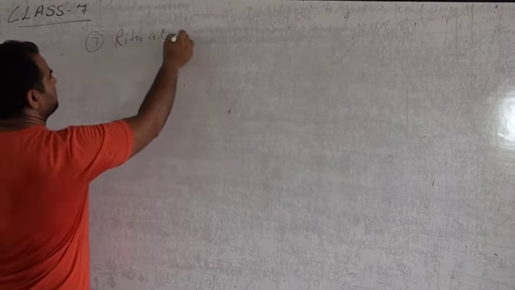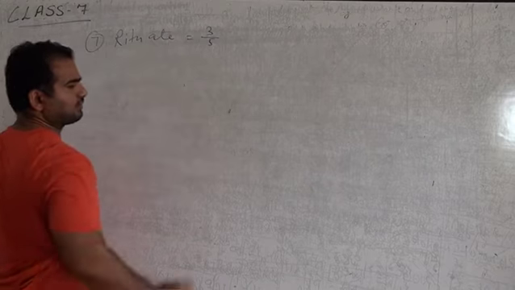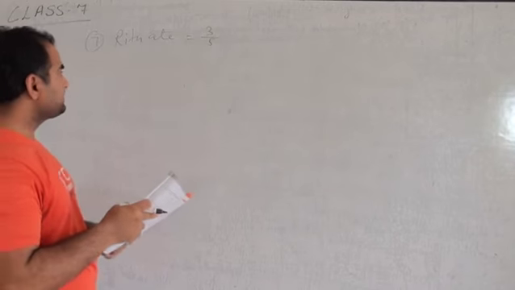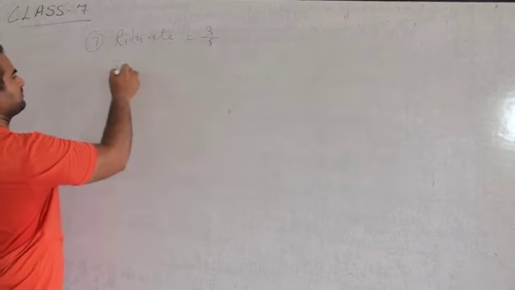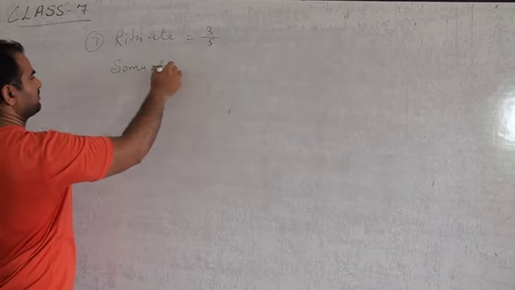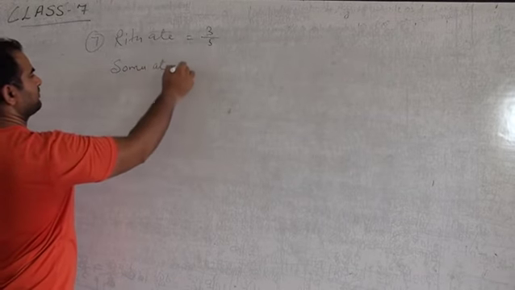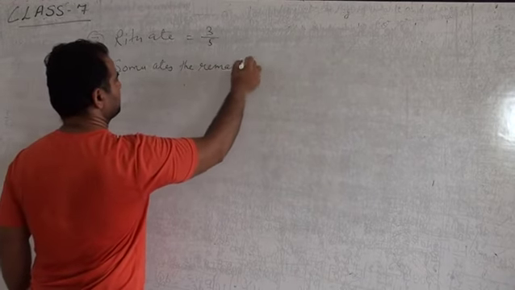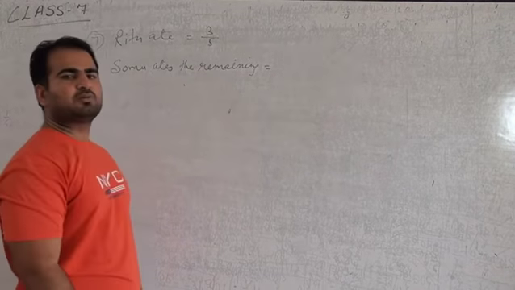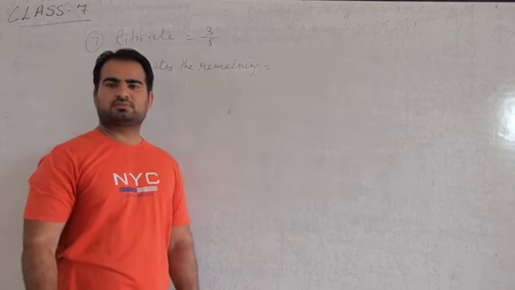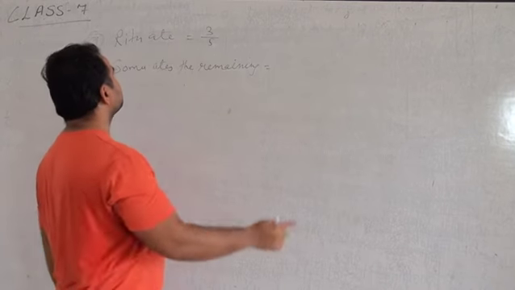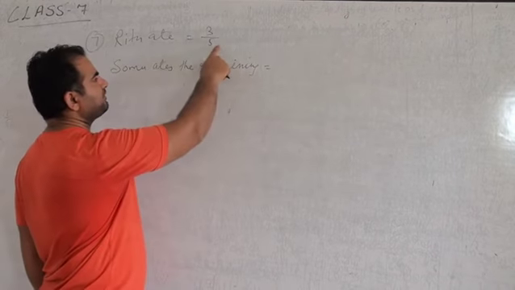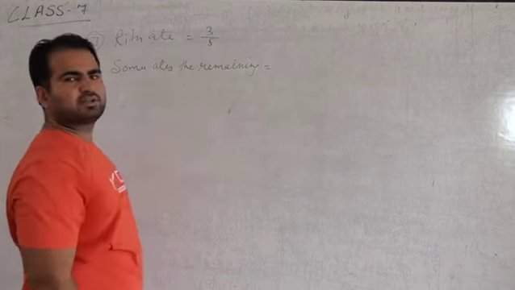Ritu ate 3 upon 5 of an apple, and Somu ate the remaining. We don't know how big the apple was, but it was an apple. So Ritu ate 3 upon 5. It means the apple has 5 parts, and she ate 3 parts of the apple.